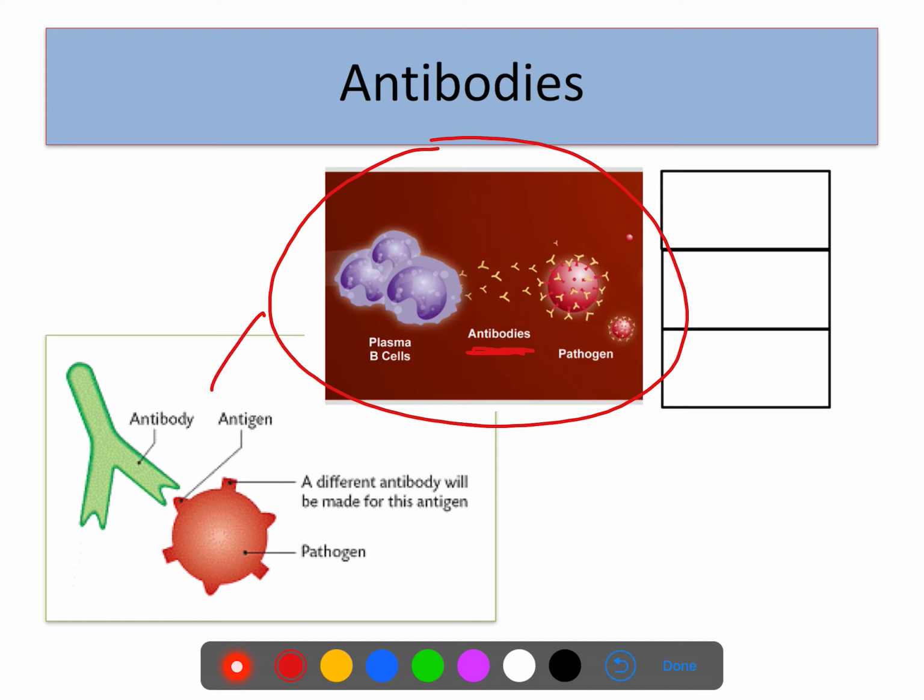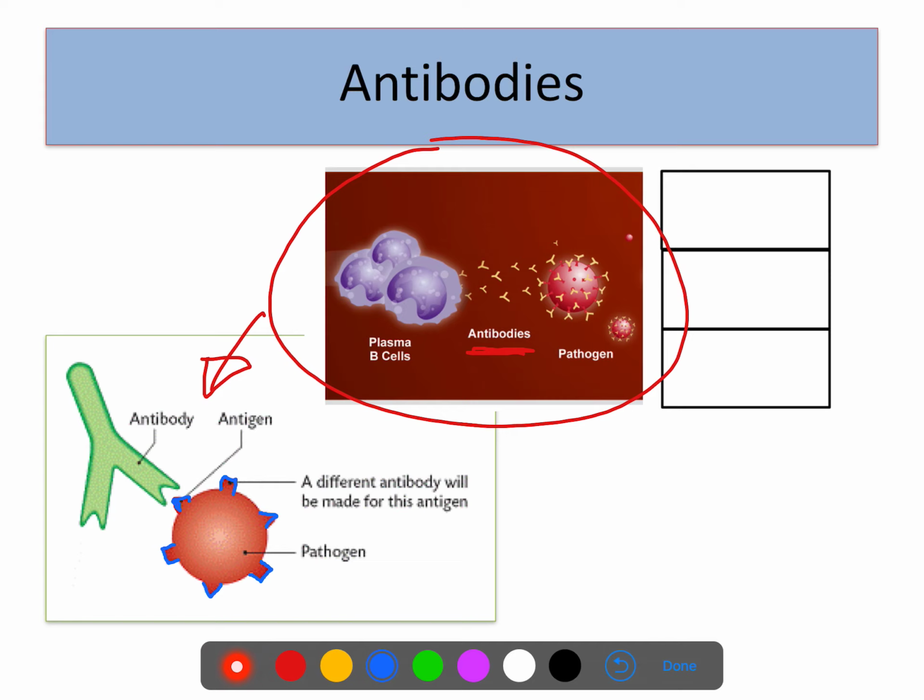if we go down to this picture here, this is kind of zooming in on what's happening here. The pathogen here will have specific antigens on its surface, and they're specific shapes for that pathogen. So we've got something that's invaded the body and it's got these specific antigens on its surface.